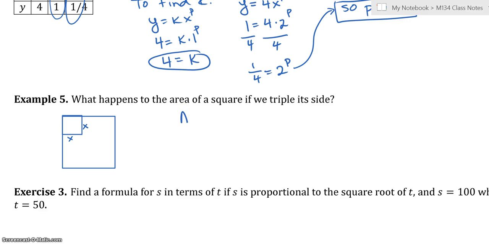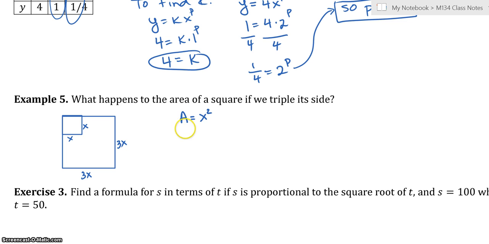So the area of the first square we know is x squared, which, by the way, we know that the k is 1, and that's directly proportional to x squared, isn't it? Okay. If I triple each side, so this would now be a 3x. It's not quite proportional, but you can see it looks like about triple there. And this one is about 3x.